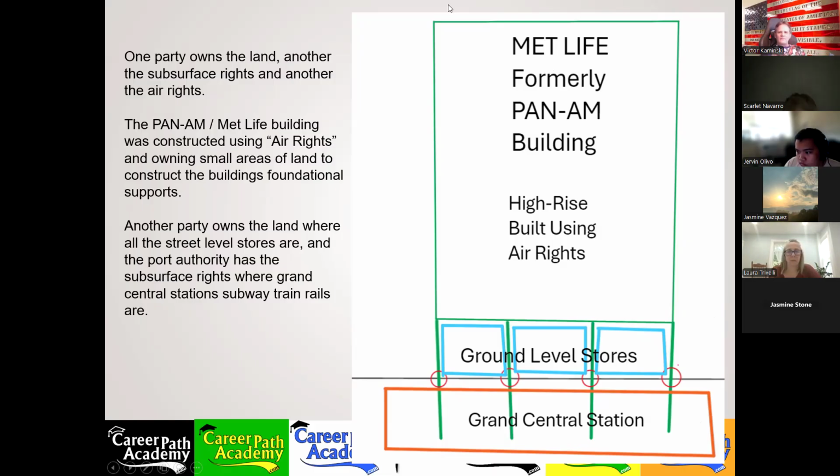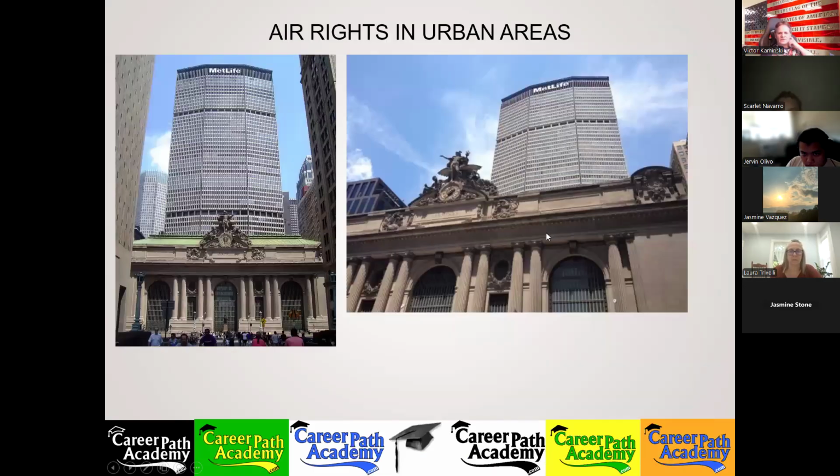And then above it, they sold the air rights to Pan Am, who put up this building. But they also needed to buy small portions of the land itself where they constructed its foundational supports, because buildings don't float in the air. So you've got to have small portions of land that go beneath because they pile them into the ground. That would be the foundational supports for the buildings themselves.